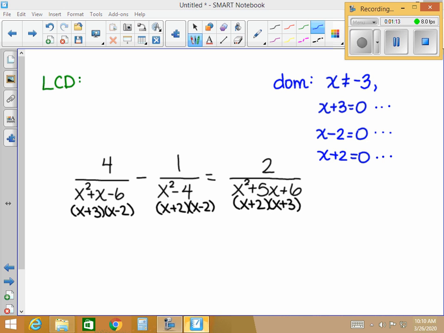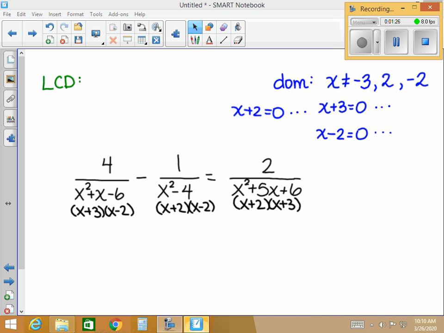When I solve x minus 2 equals 0 for x, I get x equals positive 2. And when I solve x plus 2 equals 0 for x, I get negative 2. Okay. I'm going to slide these around because I want to be able to write beside this other guy here.